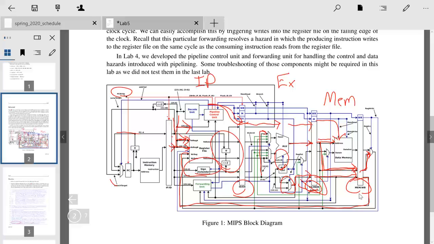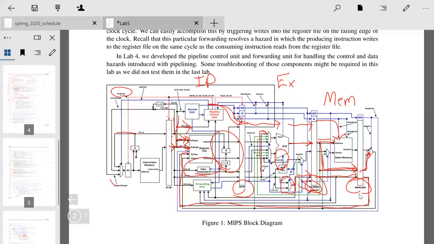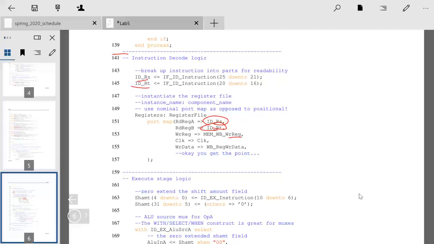And so it's following our naming convention here. If it comes from the write back, it's the MEM WB write reg signal, because this prefix indicates that it's coming from the pipeline stage that separates the memory and the write back stage.